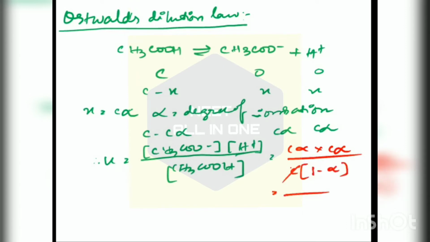C gets cut, so C alpha square by 1 minus alpha. Right. Now if alpha is very much less than 5%, then we can just take 1 minus alpha equal to 1.